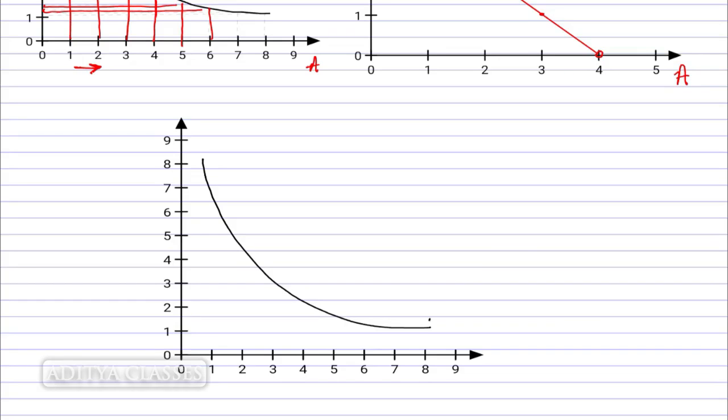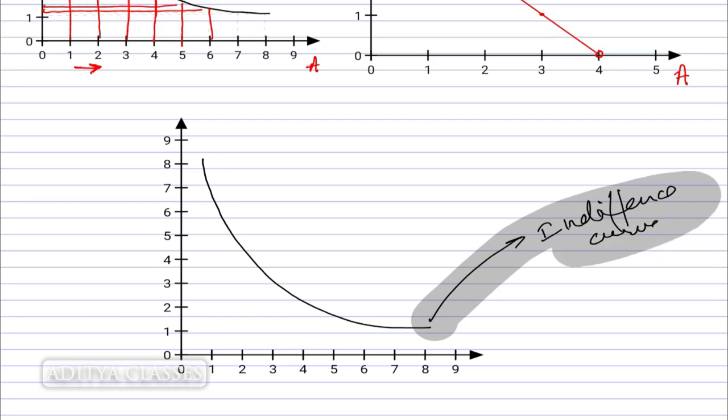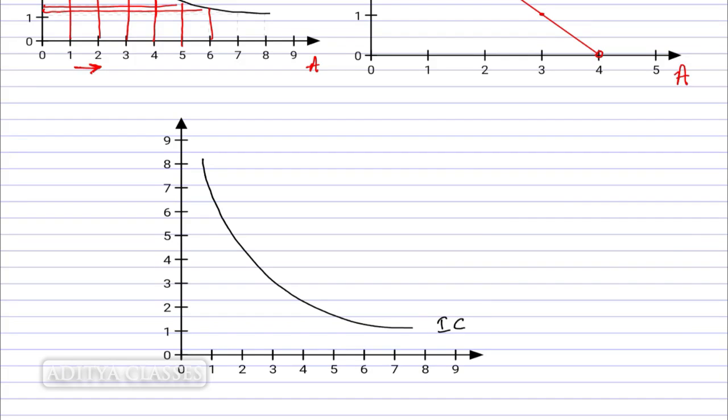Now, this is my indifference curve, or let me call it indifference curve 1. Now, if my purchasing power increases, what happens? I have more money. If I have more money, then definitely I can buy more goods. So, for increased purchasing power, this indifference curve might shift upwards.